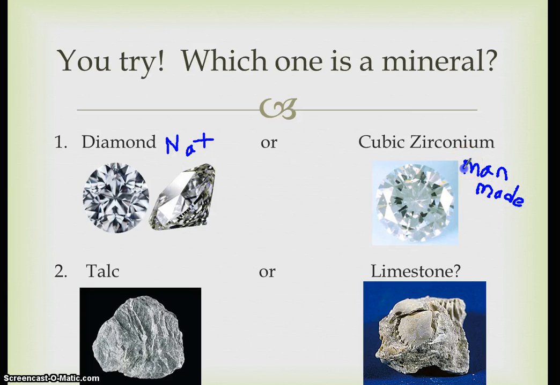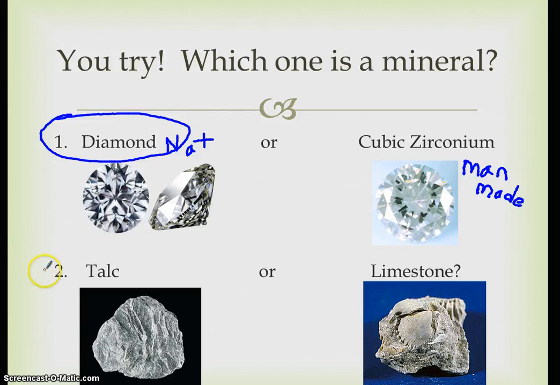Okay, so between those two, take a minute and try to decide which one is the mineral. If you said diamond, then you are correct. Even though they can make cubic zirconiums now that look exactly like diamonds, it's not actually a mineral because it was made by man.